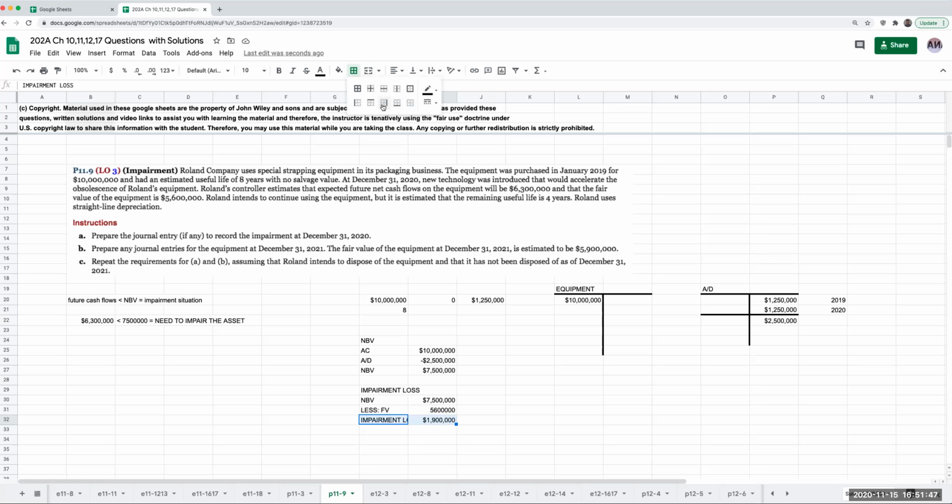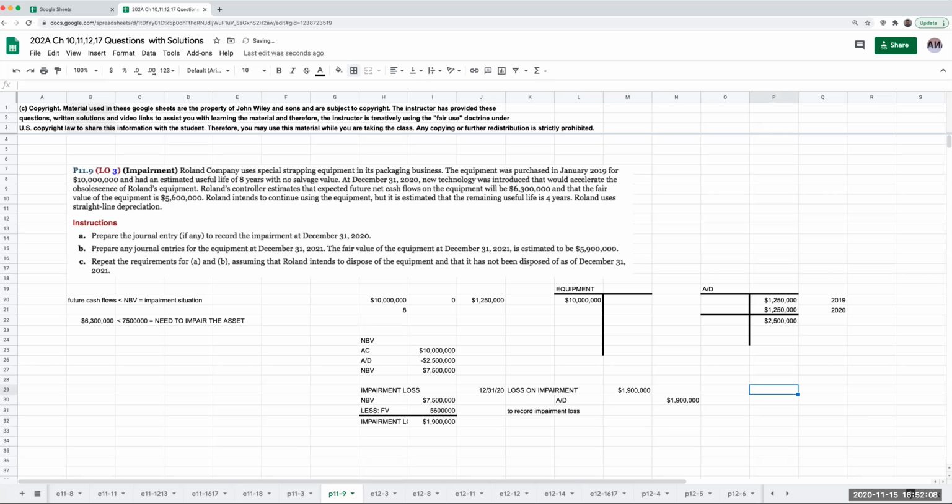All right. So, prepare the journal entry to record the impairment. I'm going to have loss on impairment on 12/31/20 of 1.9. I credit accumulated depreciation for 1.9. So there you go.